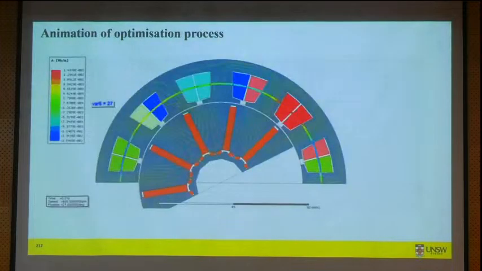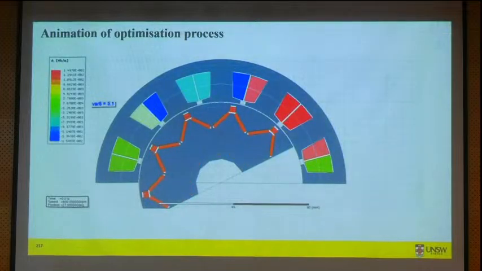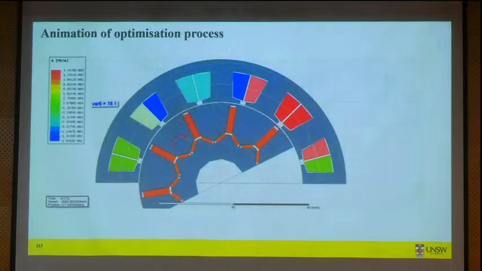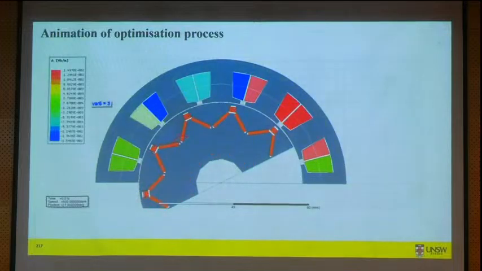Yes. What is the variable that is increasing? This is the angle, this angle. So you are changing this angle, and when this angle becomes 0, it becomes spoke type. When the angle is increasing, is the overall volume of the magnet constant?